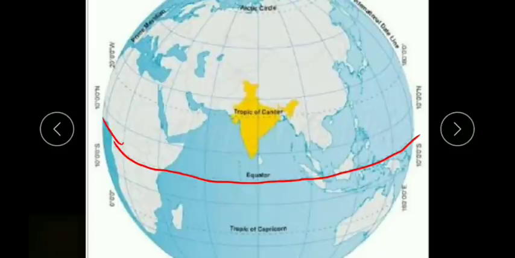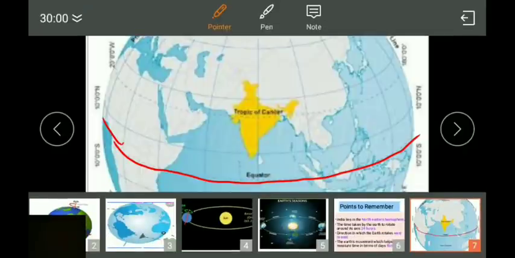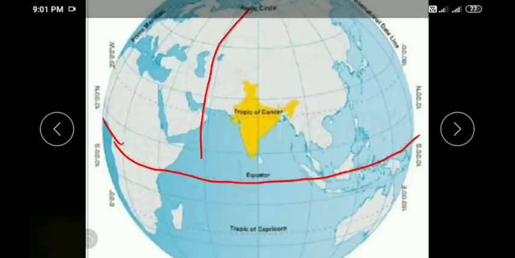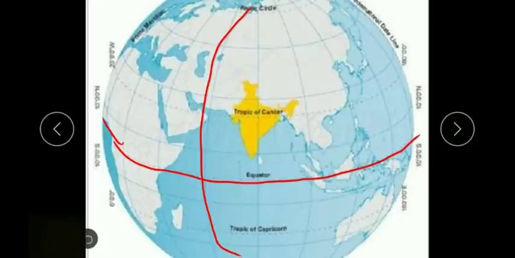So we are in the northern hemisphere, but one more line divides the earth which joins the North Pole and the South Pole. This way. That imaginary line is known as prime meridian.